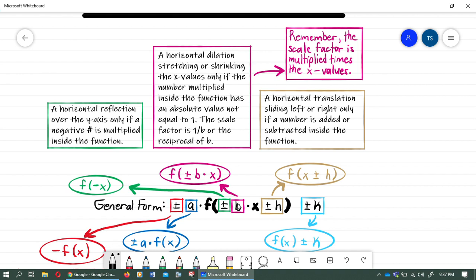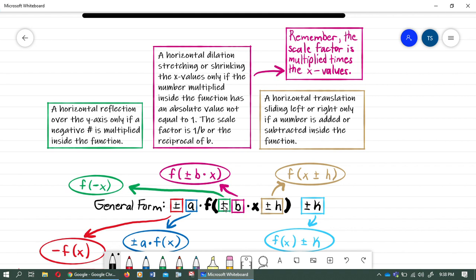Up here at the top, with the stuff that's in the green, pink, or maybe we call that magenta, and this goldish color, those three transformations are all horizontal.